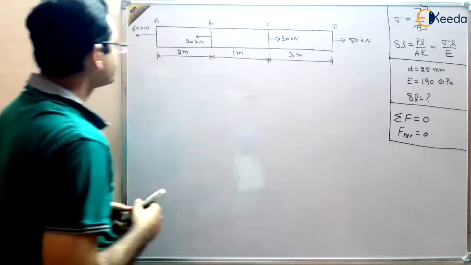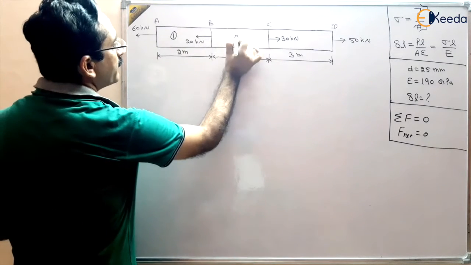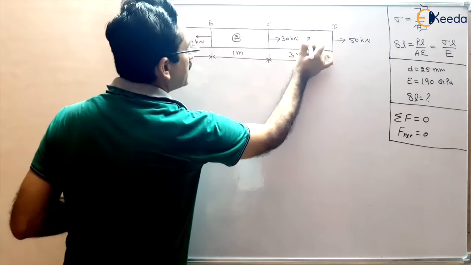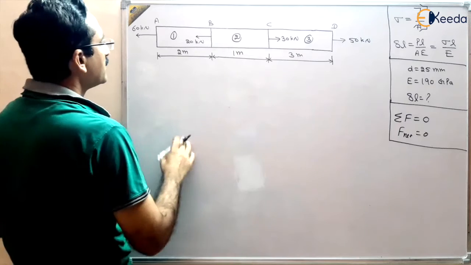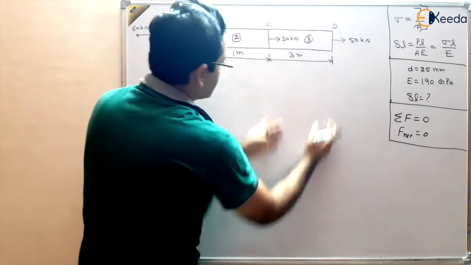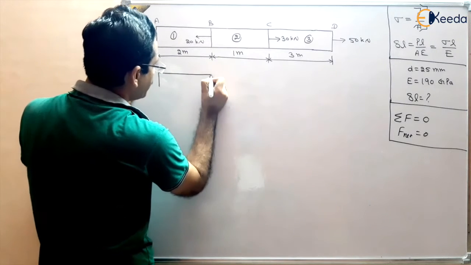Now we have to break this bar to find out the forces in each section. We are naming these 1, 2, 3. There are 3 sections, AB, BC and CD, and what are the forces acting on each section? So let us take one section of this bar.